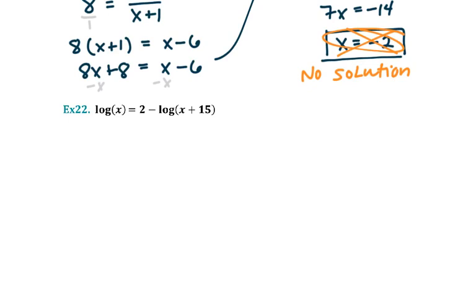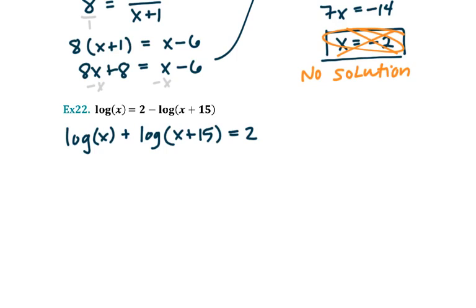And we have one final example. Example 22, log of x equals 2 minus the log of x plus 15. So again, log equal to a number. I'm going to rearrange by adding the log on the right to the left side of the equation, which gives me the log of x plus the log of x plus 15 is equal to 2.